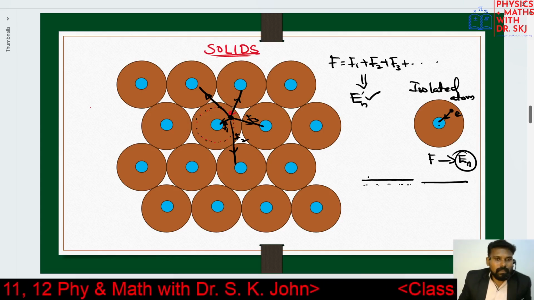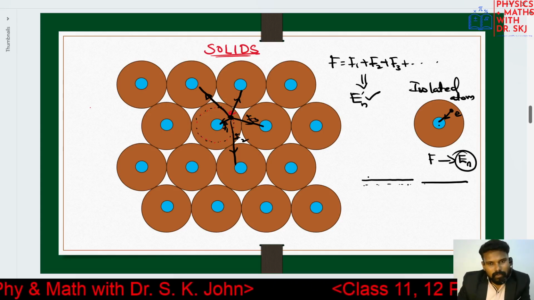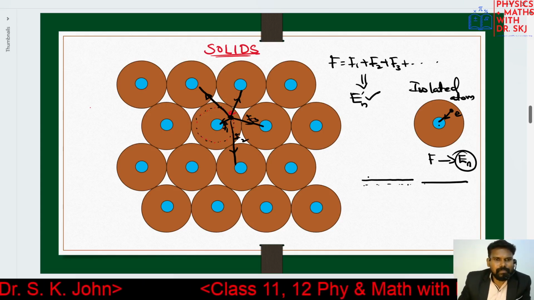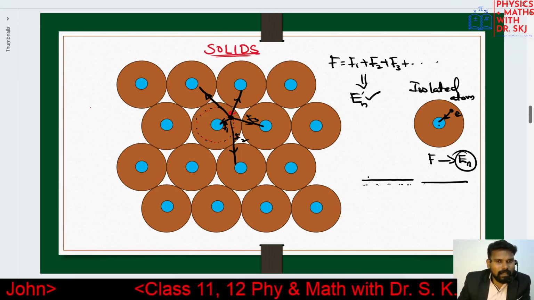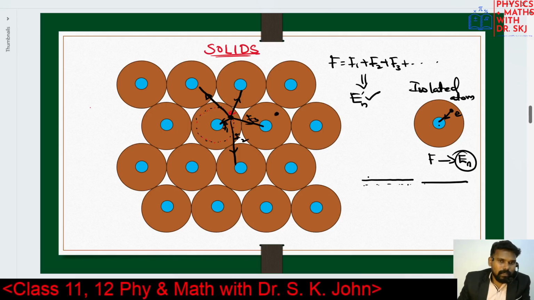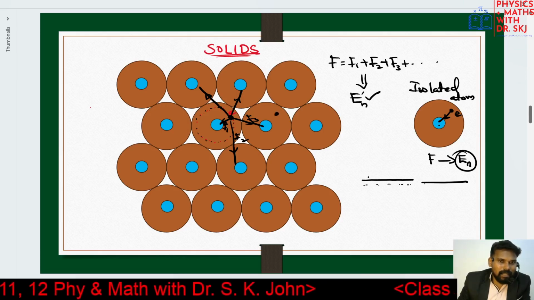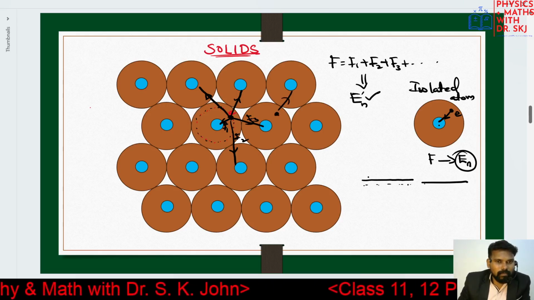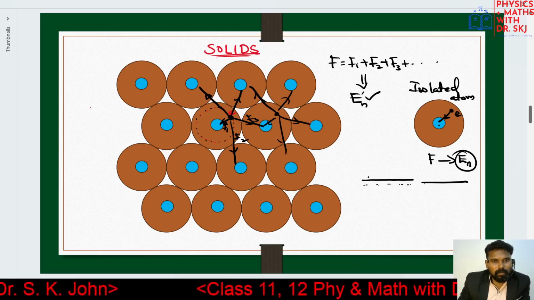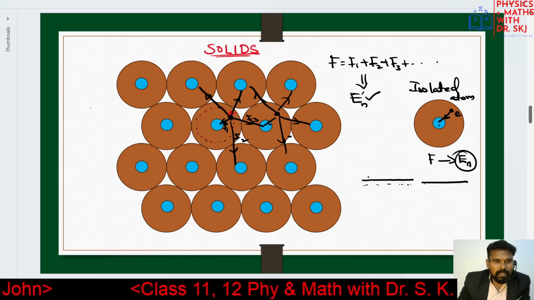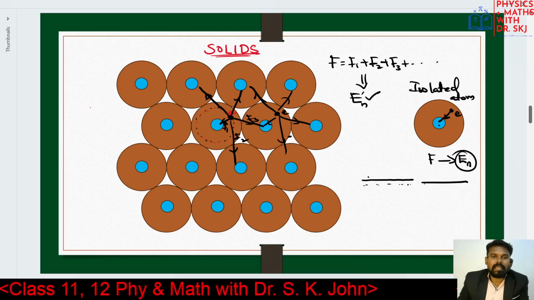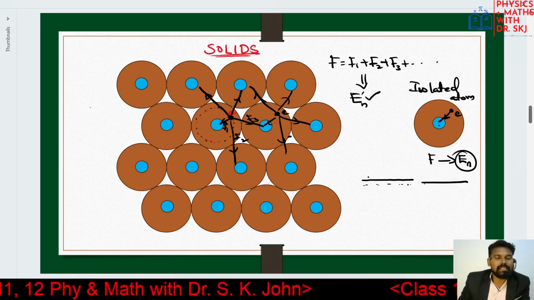One more thing we have to understand is that if you consider another electron, its energy level is determined by its surroundings. So the energy level of this electron will not be the same as the energy level of the previous electron.